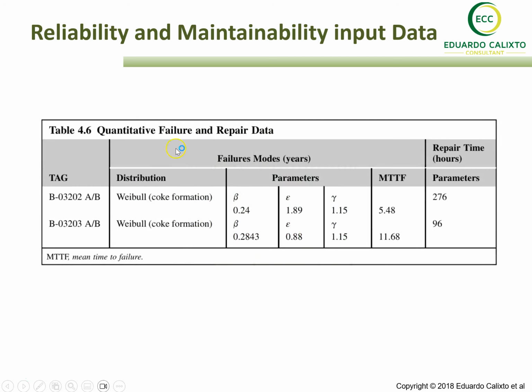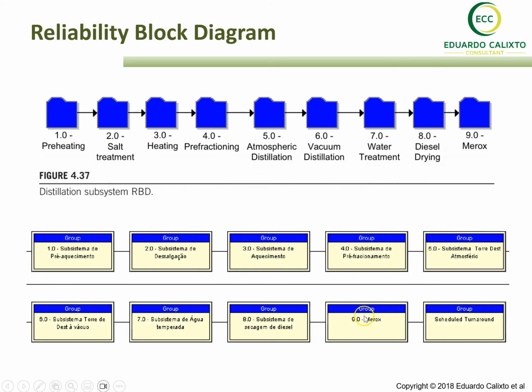Then of course for the furnaces, we have the probability density function. As I mentioned, we have the expected time to failure usually, and we have the repair time. We can see that we have very high repair time for the two cases when we have coke formation, and that's why these furnaces are critical for the plants.